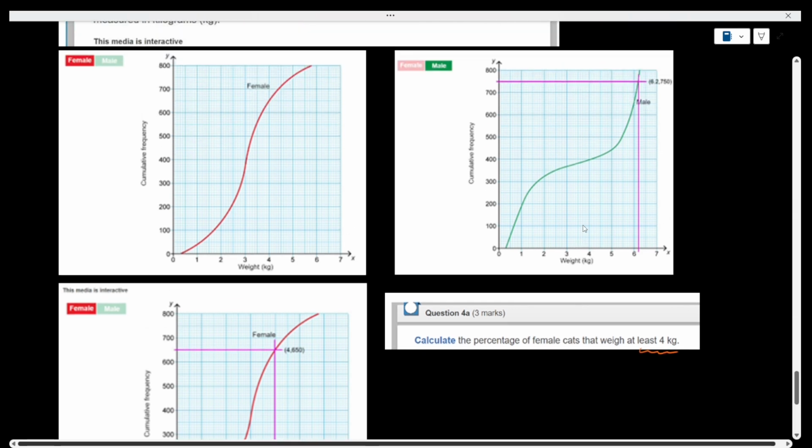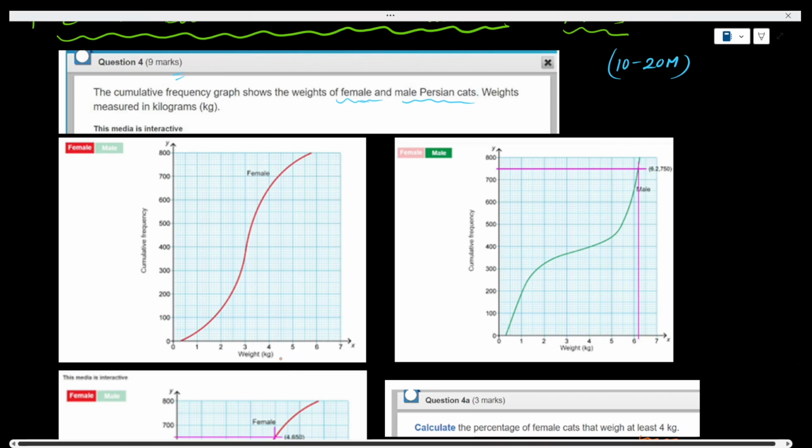Now, if I need to find at least 4 kg, you can see that the weight is given on the x-axis and cumulative frequency is on the y-axis. So at least 4 kg means greater than or equal to 4 kg. First you mark on the graph this point representing 4 kg. What will be the coordinate here?